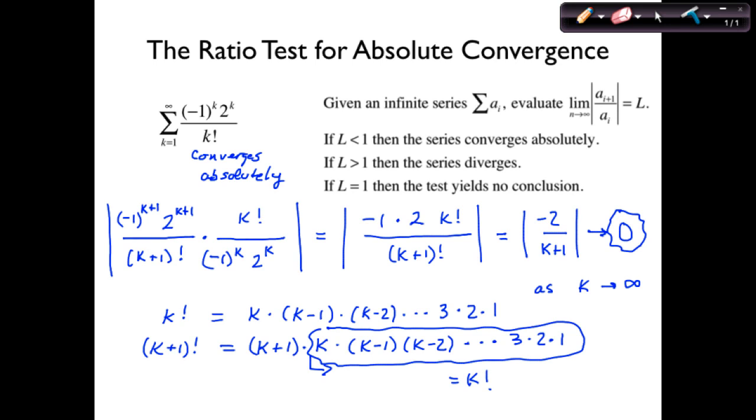That's what converges means. But more specifically, what does this 0 mean?